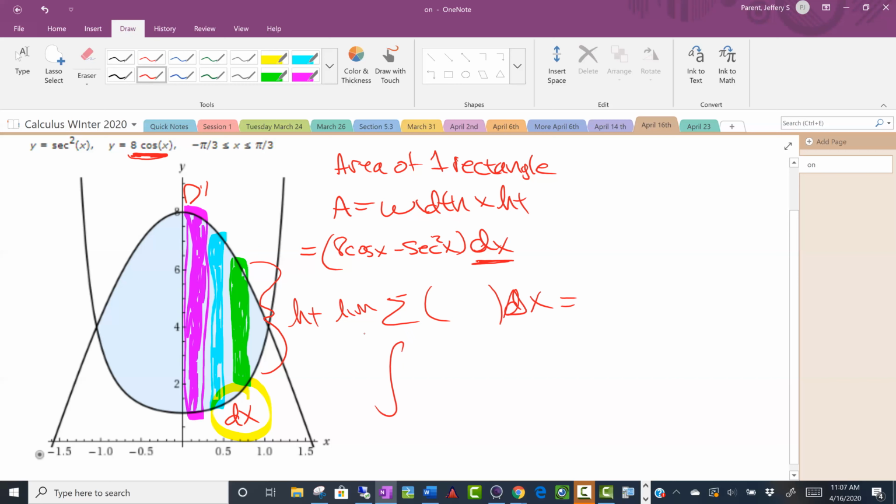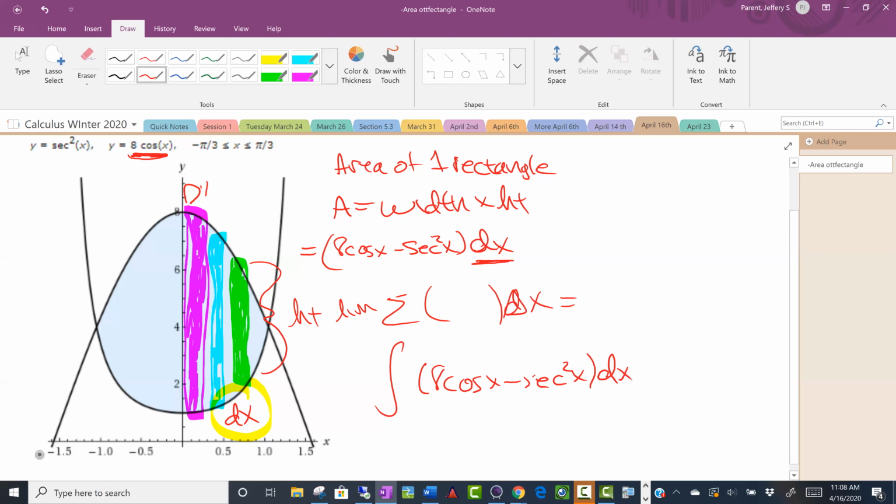I'm doing a quick job of skirting past this, but it's really the basis for what we're doing, and the fundamental theorem helps us out here as well. So to add all these up and let our rectangles get really, really small is equivalent to integrating. So I'm going to integrate 8 cosine of x minus secant squared of x dx.